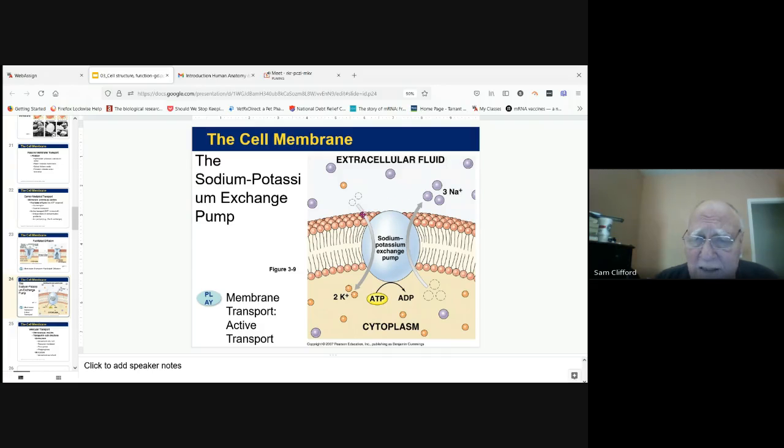It's pumping potassium to a higher concentration. So it takes energy to force this potassium to an area where the potassium concentration is high. It takes energy to move sodium from a low concentration of sodium to a high concentration.